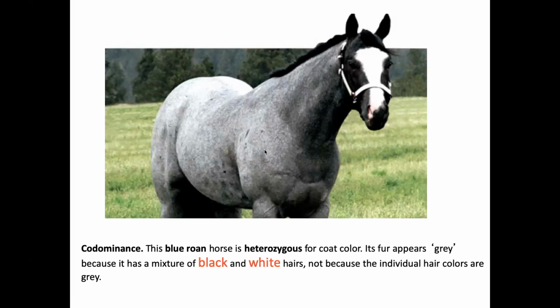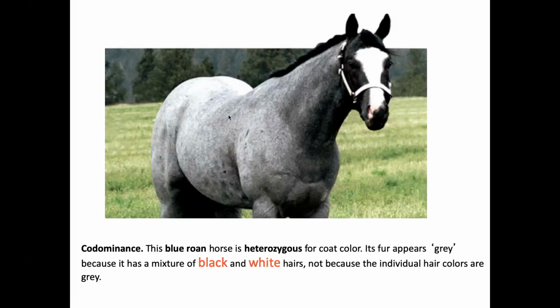So how did you produce this blue roan? They crossed a pure breeding black horse with a pure breeding white horse, and they generated a gray horse. If you intercross two blue roans to generate a segregating F2 population, they would segregate 1 to 2 to 1 of black to blue roan to white.